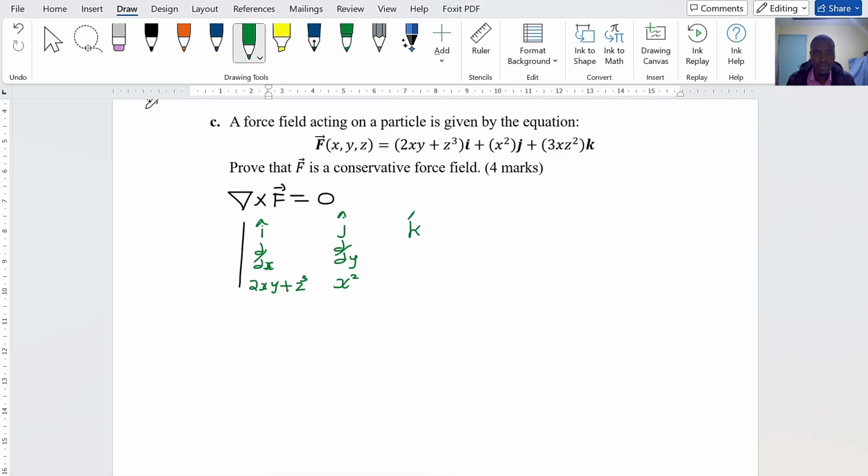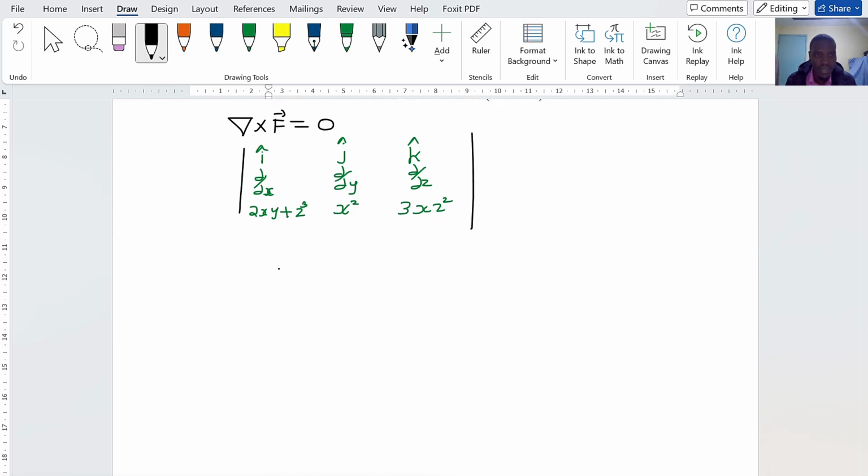Then k is d over dz, and f of z is 3xz squared. Good, we are done. Now we need to extract our three matrices. So one will be for i, minus, because j is negative, we have already proved that. Next will be for j, and then plus the last matrix we want is for k.